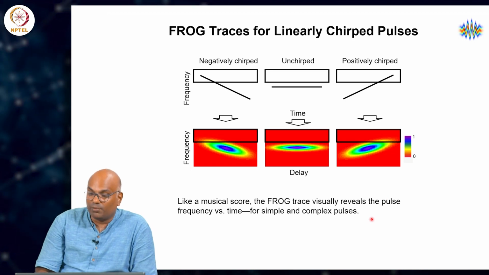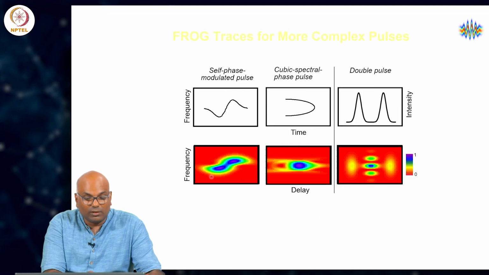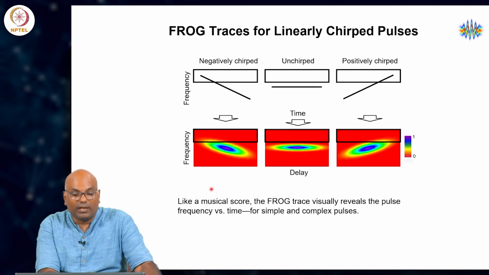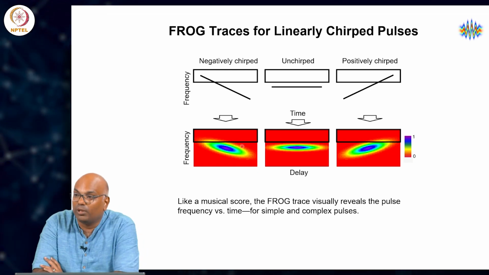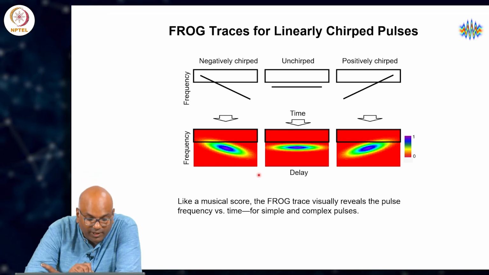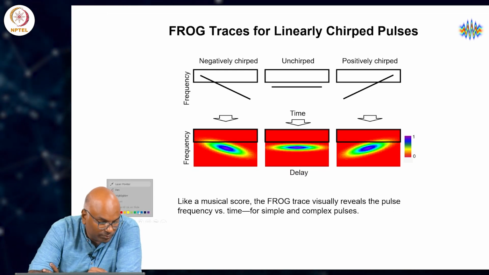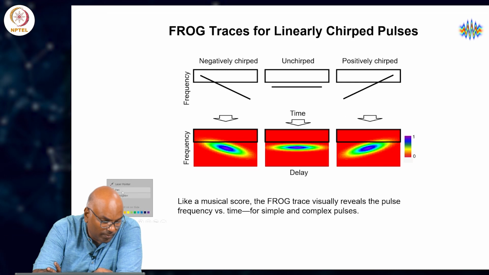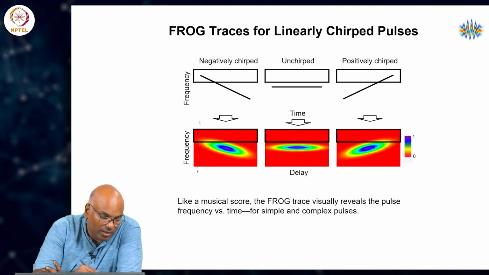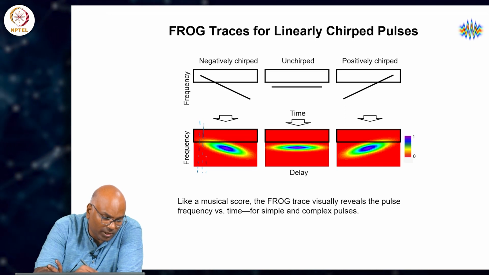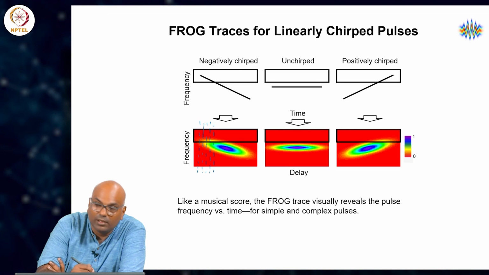You need to measure the spectrum of the pulse, and when we do this very nicely, we would be able to generate the spectrogram of the pulse, where every slice for every delay is a spectrum.